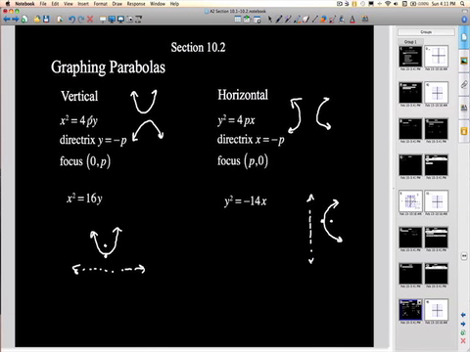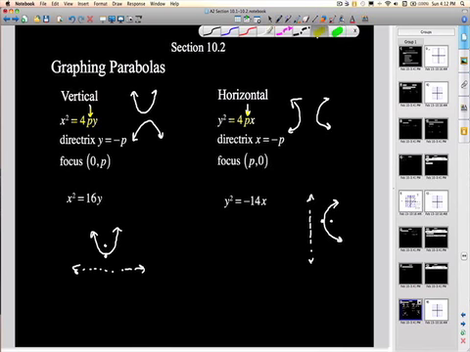So I locate the focus and the directrix based on this value of p. Whatever coefficient we have with the variable to the first power, we need to set that coefficient equal to 4p so that we can then find what p is. So we have 4p right here, and we have 4p right there.